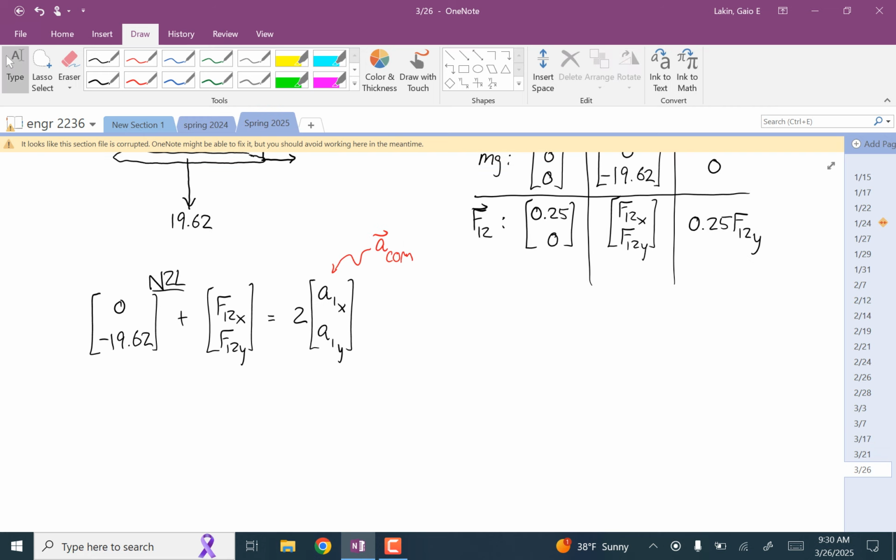All right, so we get two equations out of this. The first one says F12x minus 2A1x is equal to 0. And the second one says F12y minus 2A1y is equal to positive 19.62.